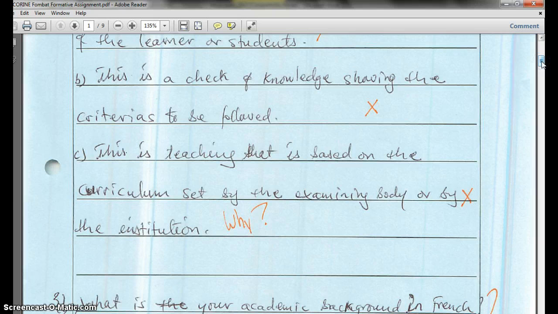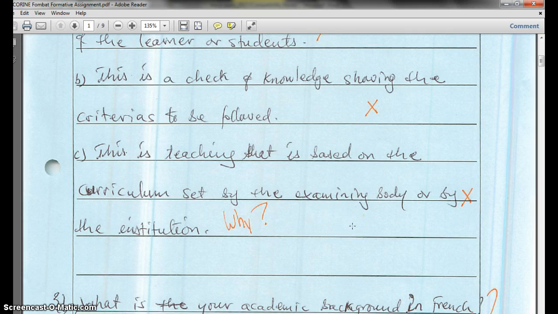So I didn't give you a point for that because you would have to relate it, because that's something that they need for the exam. So they need, the curriculum is set by the examining body because it's going to be on the exam.